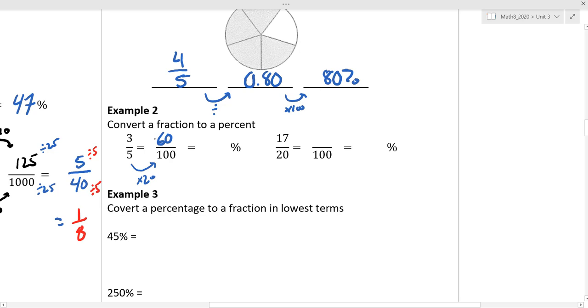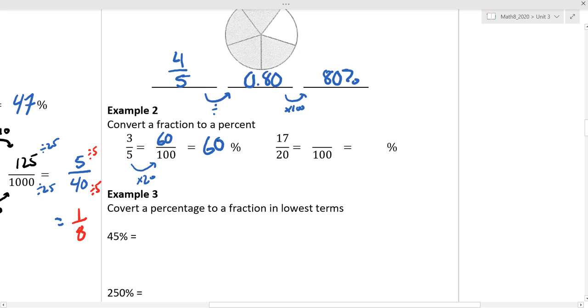So times it by 20, times by 20. So what's 60 over 100? 60%. So now you can do percentages without using a calculator. If I gave you a question like, what's 3 over 5 as a percentage, you can actually do it without using a calculator, just exactly what we did right here.